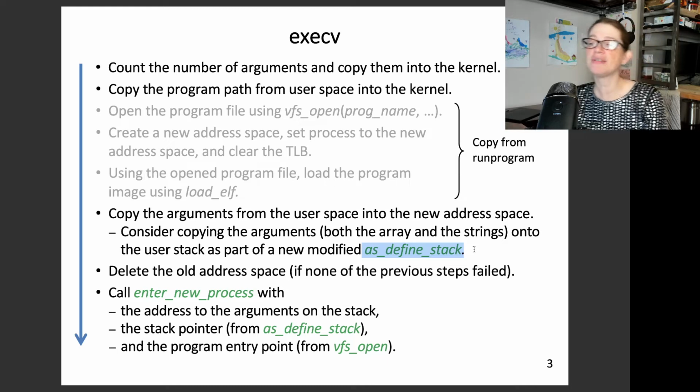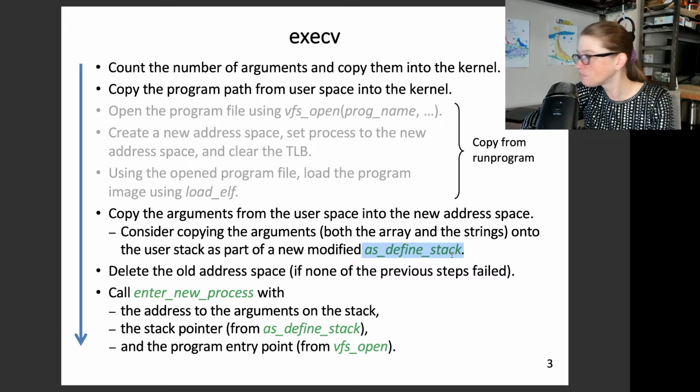But now what we're doing is we need to actually push the arguments for the new program onto the stack. So our recommendation is to create your own version of as_define_stack that both creates the user stack and populates it with the user arguments. And this will make more sense in a minute.